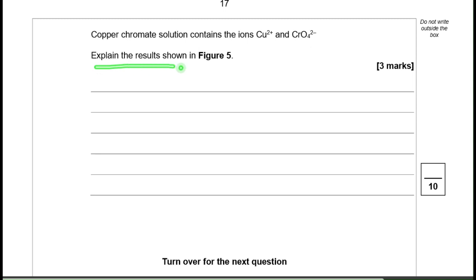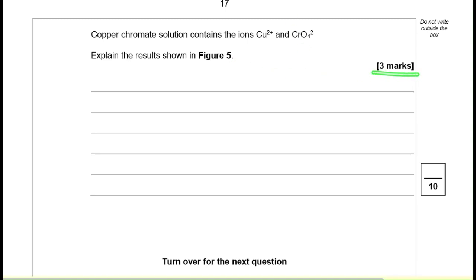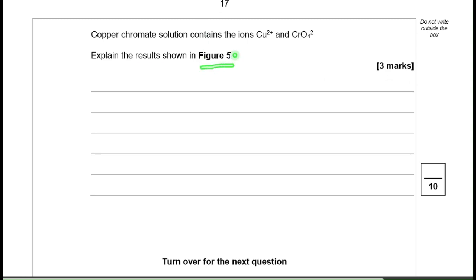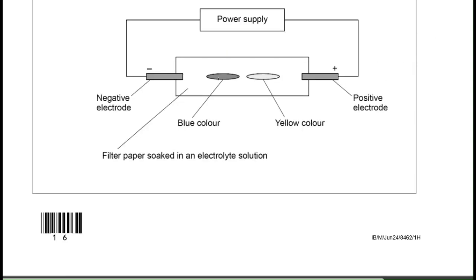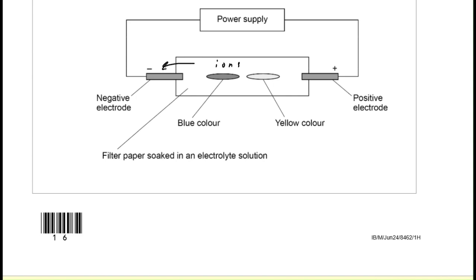Explain the results shown in figure 5, and this is for 3 marks. If we go back up to figure 5, we can see the blue colour is a result of something moving towards the negative electrode. So that must be a positive ion, must it not? And we've got 2 ions, and the positive ion is the Cu2+.